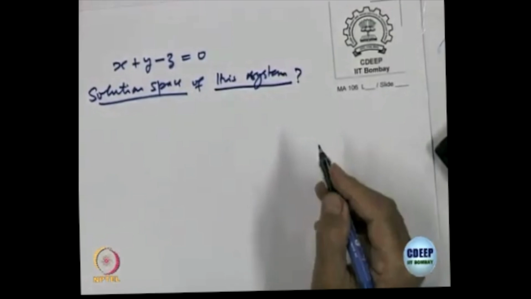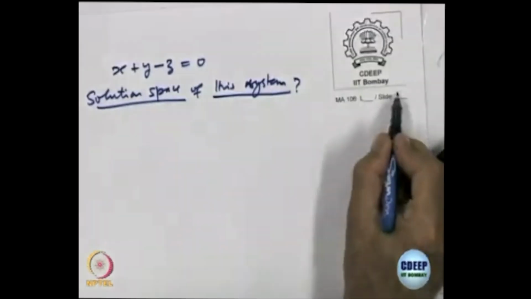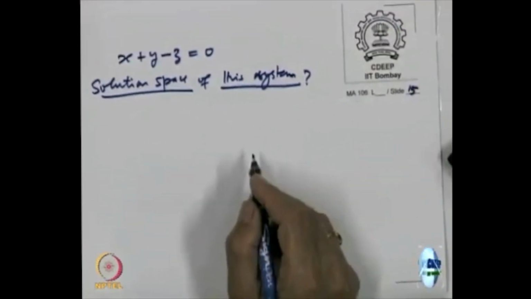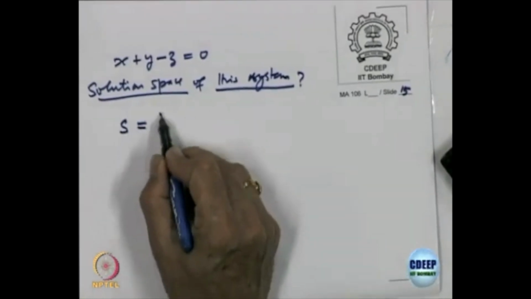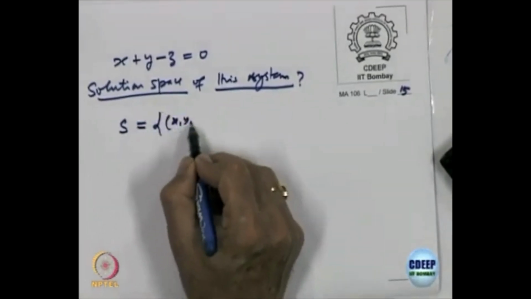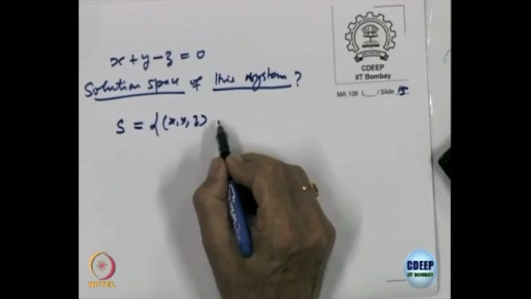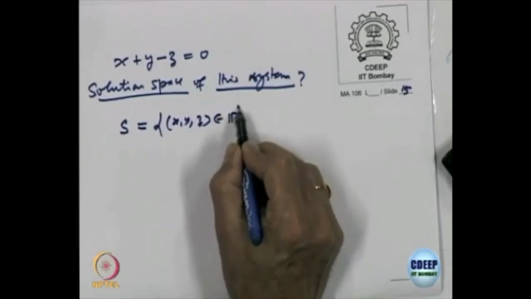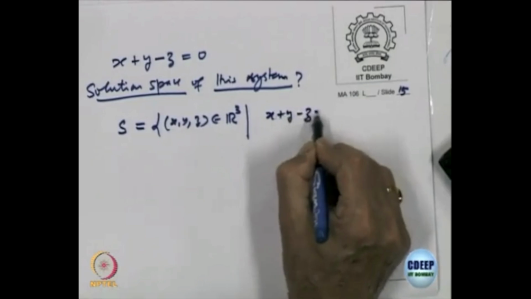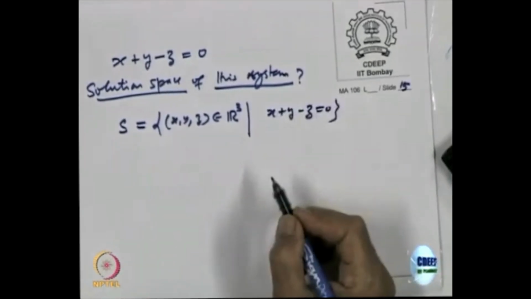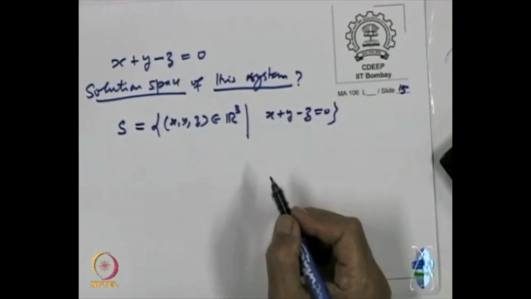What is the solution space of this system? What does solution space mean? It is a set S of all (x, y, z), elements of R3 since there are 3 variables, such that x plus y minus z is equal to 0, right. As a set I can write this.